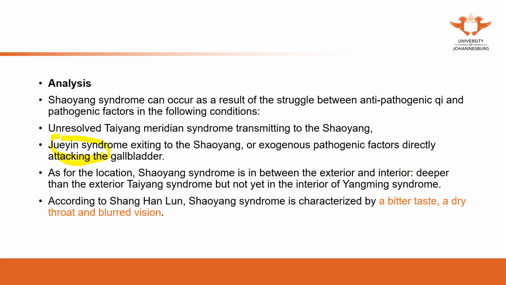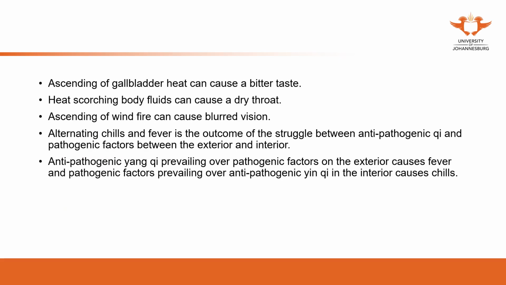The key manifestations of Shaoyang syndrome are a bitter taste, dry throat, and blurred vision. The Shaoyang is the foot Shaoyang meridian, the gallbladder meridian. So the heat in the meridian will cause a bitter taste.